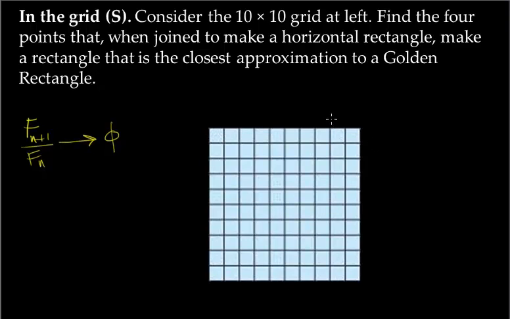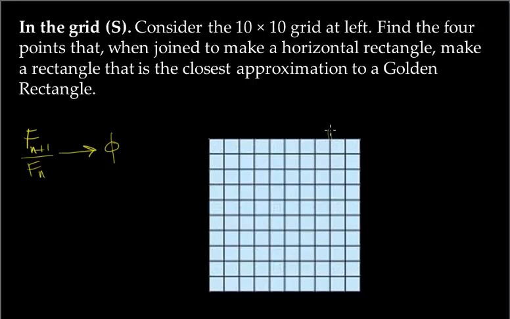So let's see, it would be this wide, and the one before it is 5. So 1, 2, 3, 4, 5. So I should have a different color here. This yellow rectangle is an 8 by 5. An 8 by 5. And I think that would be the closest to being golden.